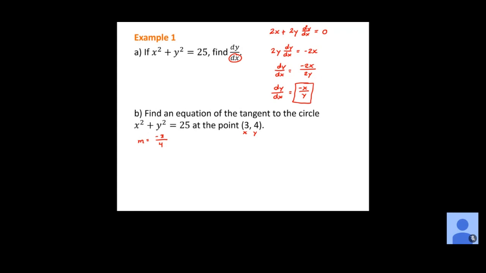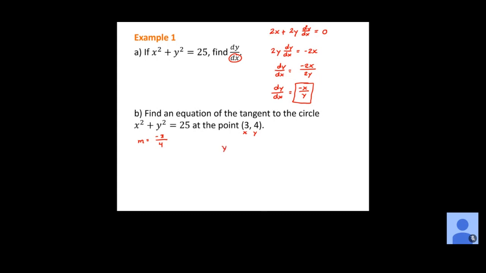Now that we have the slope, how are we going to find the equation? Point slope. Good.